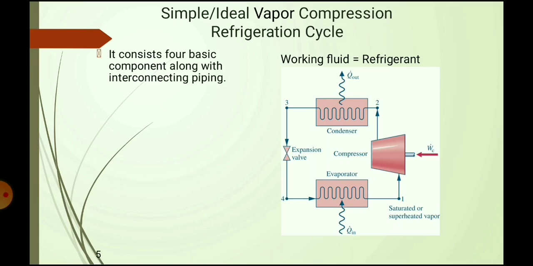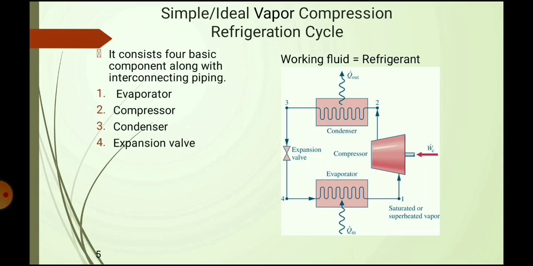The ideal VCRS basically has four main parts. First one is what? Evaporator. Second one is what? Compressor. Third one is condenser. And fourth one is what? Expansion valve.